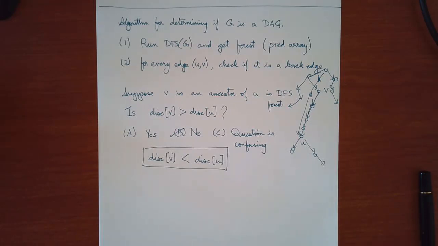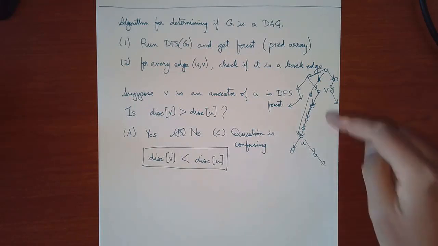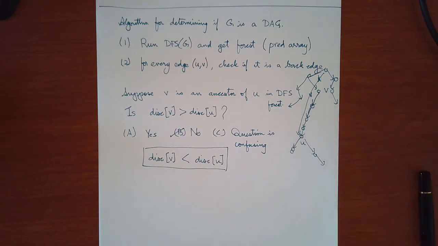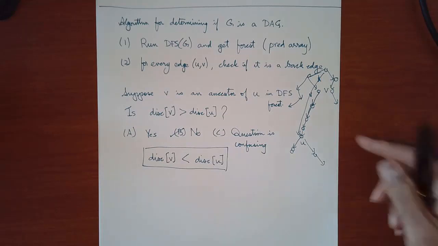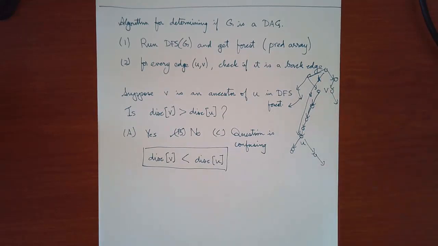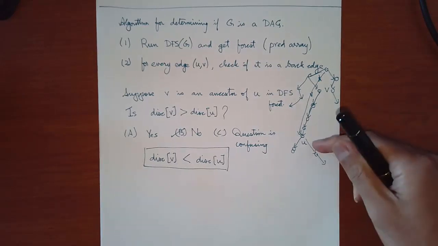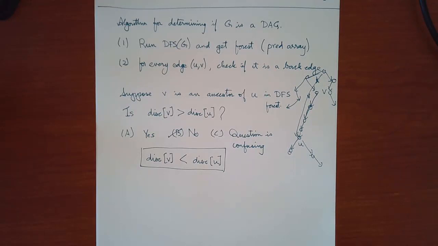There's a more succinct answer, right? This is the recursion tree. What do you know about recursive calls? They're recursive. Well, yes, of course they're recursive. But if V makes a recursive call to U, then the recursive calls have to finish first before V can finish, right?